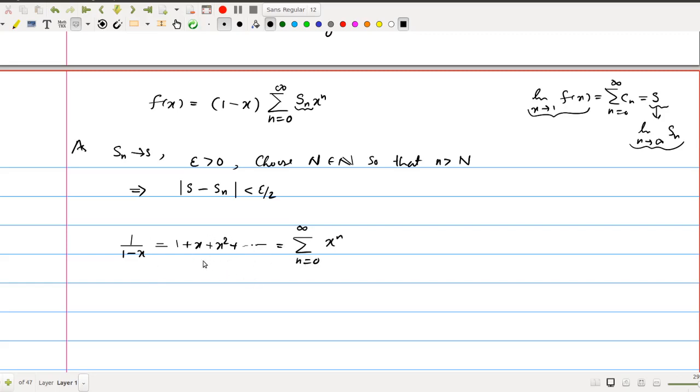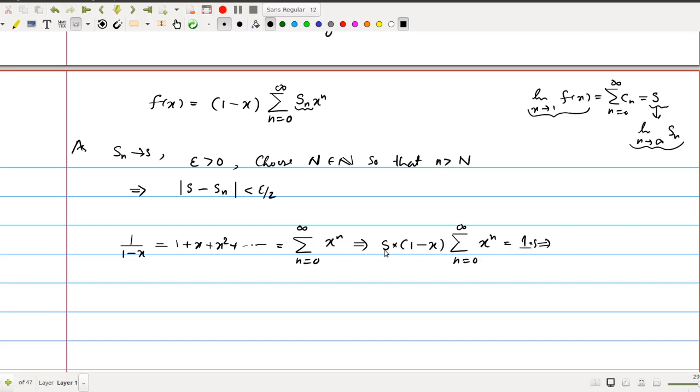The sum of the terms of an infinite GP is a by 1 minus the common ratio. So this implies 1 minus x times summation n equal to 0 to infinity x raised to n will be 1. By multiplying it with s on both sides, this will be s times this is equal to s times 1.